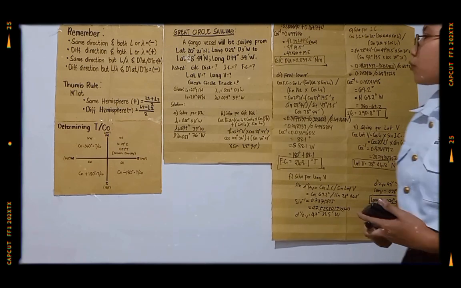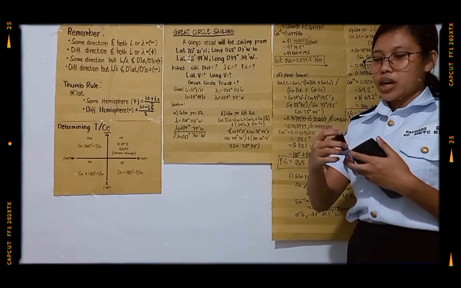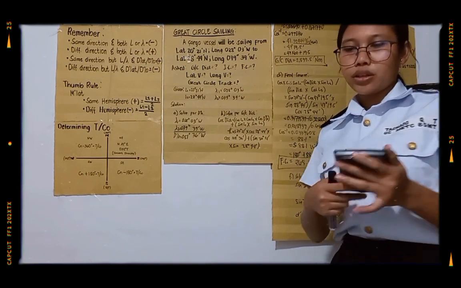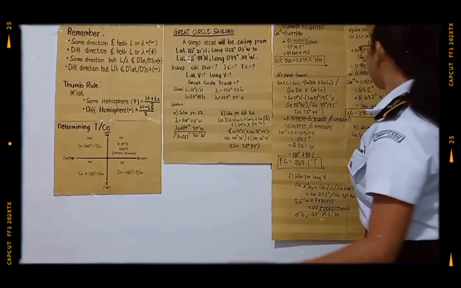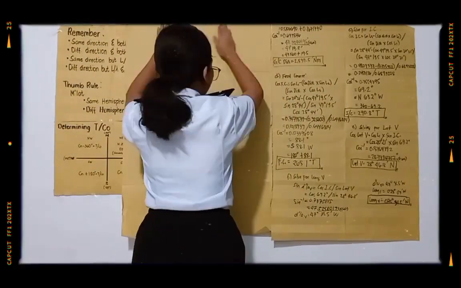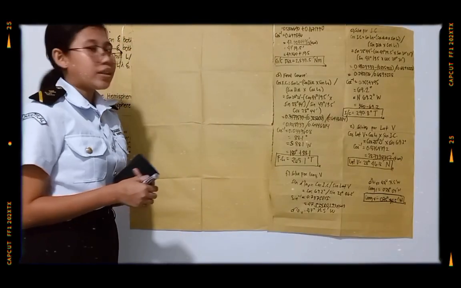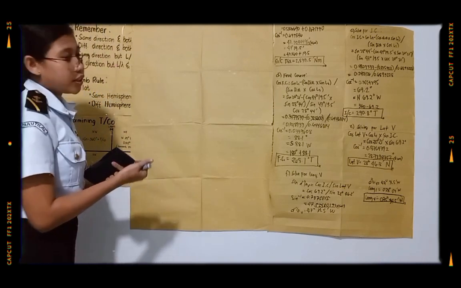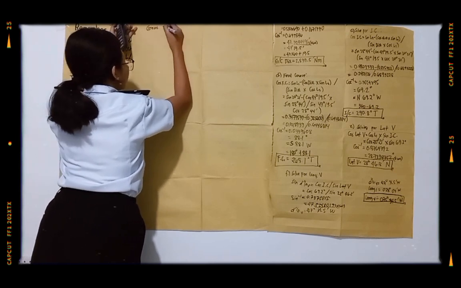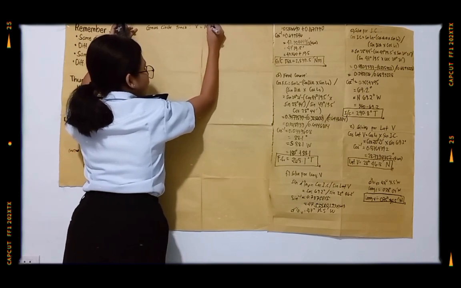So now let's solve for the great circle track, which is the track for the longitude and latitude. Let's add first another manila paper. So now let's compute the great circle track of longitude and latitude. Our x is by 10.